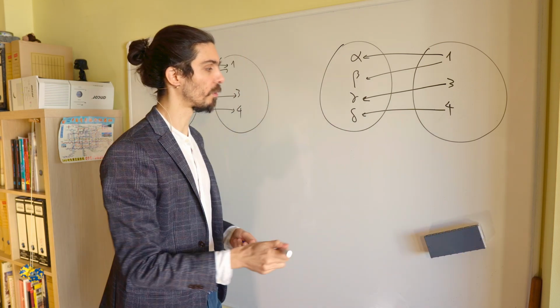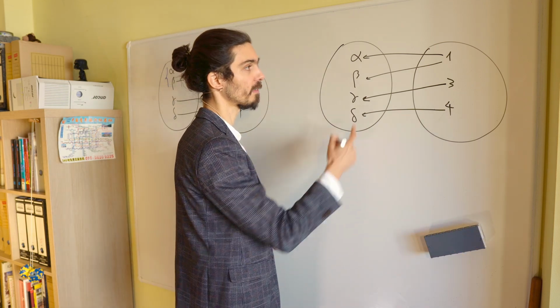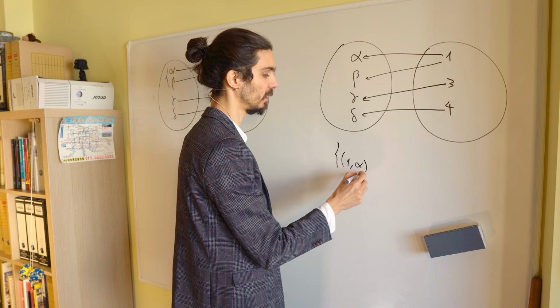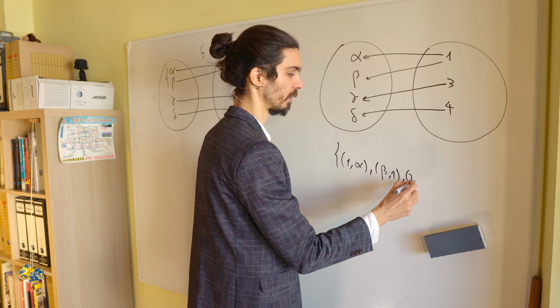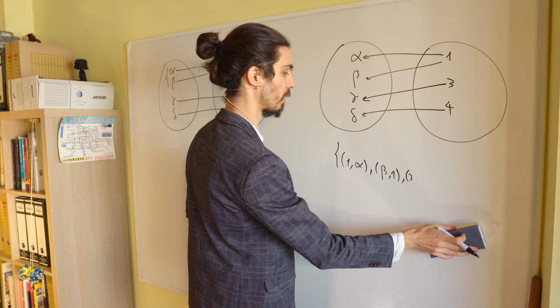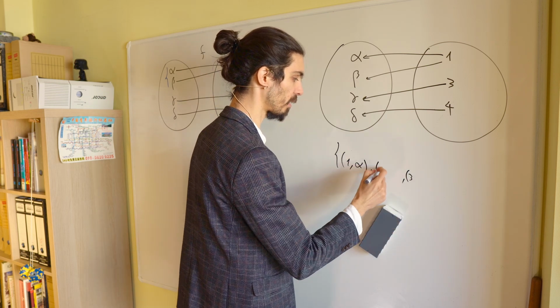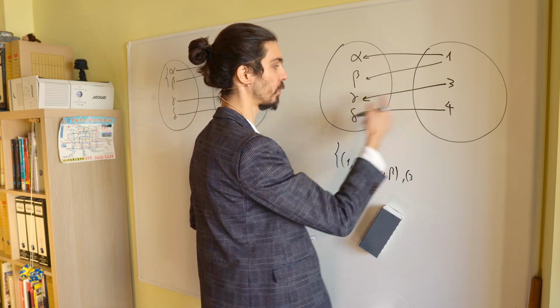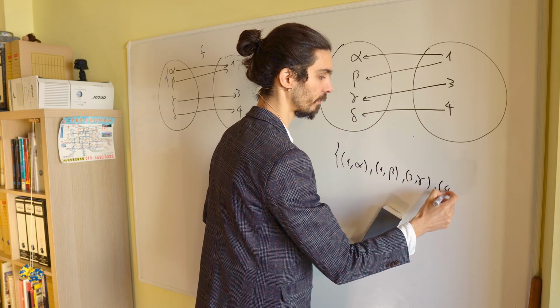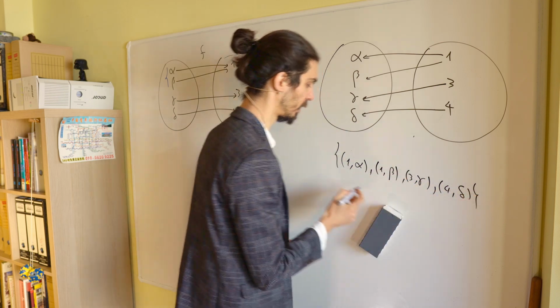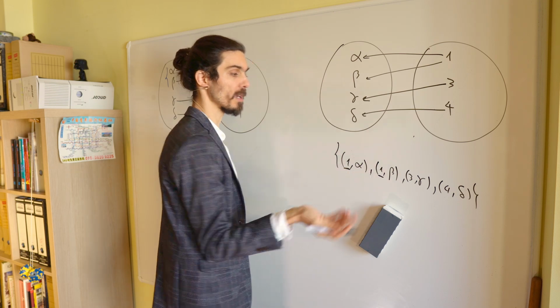Another point of view of this, well, you just write the ordered pairs. So it's 1 beta, 1 alpha, 3 gamma, and finally 4 delta. You see, the 1 here appears twice.